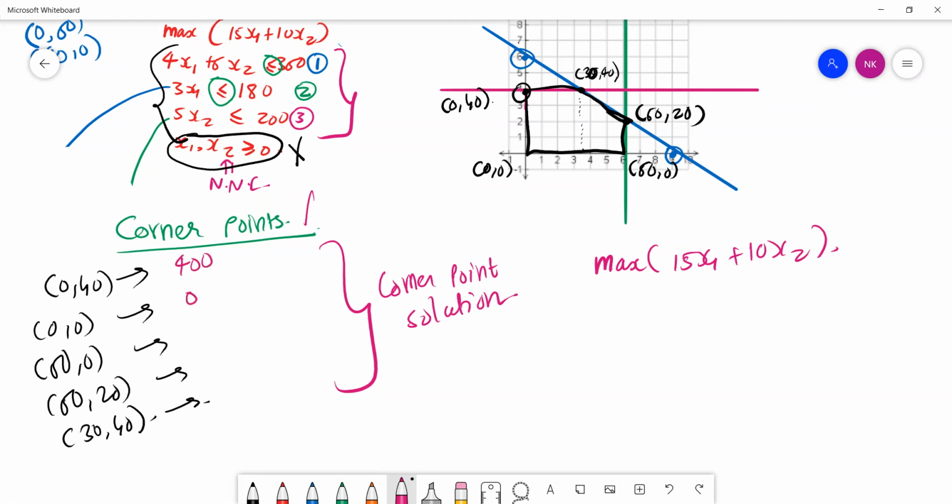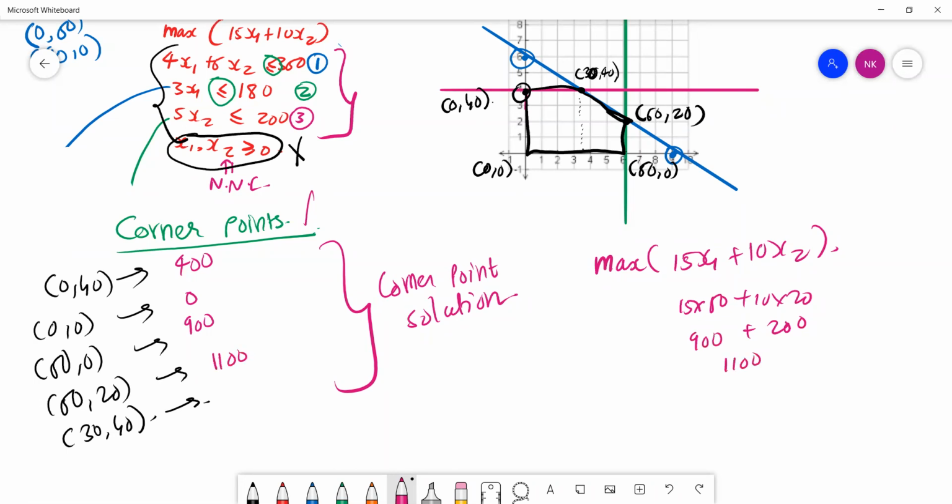0 comma 0. So it will be 0. 60 comma 0. So it will be 15 into 60, which is 900 plus 0. So it will be 900. 60 comma 20. So 15 multiplied by 60 plus 10 multiplied by 20. So this is 200, and it's 900, so it will be 1100.